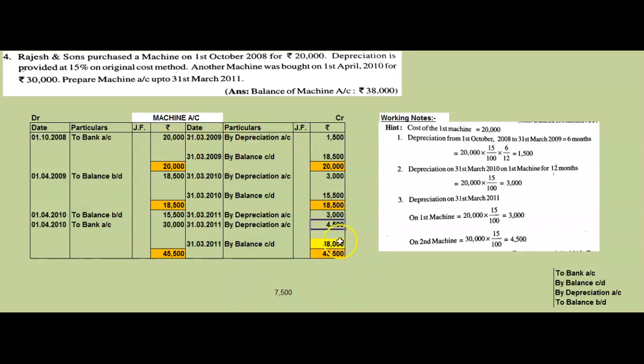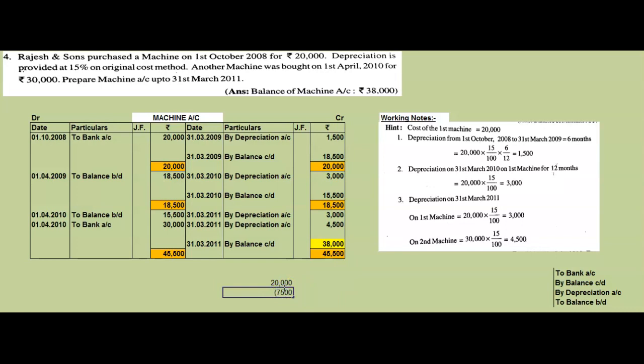So this 38,000 includes the value of the first machine and also of the second machine. How to find that out? The first machine's value is 20,000.